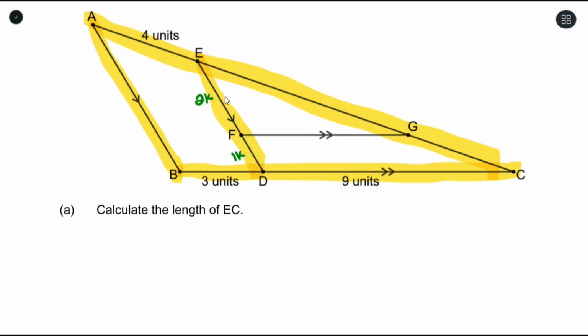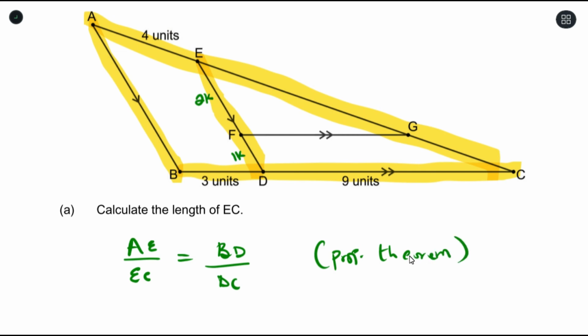Focusing on this here, we would understand that the sides EC and AE are in proportion to BD and DC due to the proportionality theorem. So I could say that AE over EC, that's what we want, is equal to BD over DC.